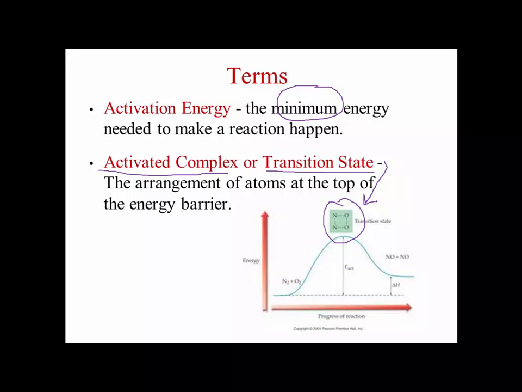It's not a product, it's not a reactant. These bonds are breaking, and these bonds over here are forming. So again, the transition state is breaking bonds and forming bonds. If you can't get over that energy barrier, you cannot get those products to form.